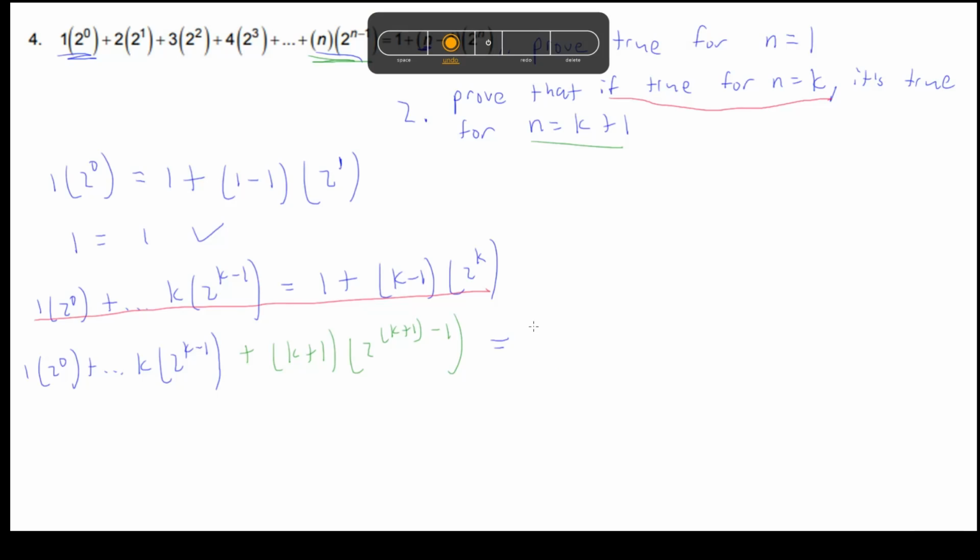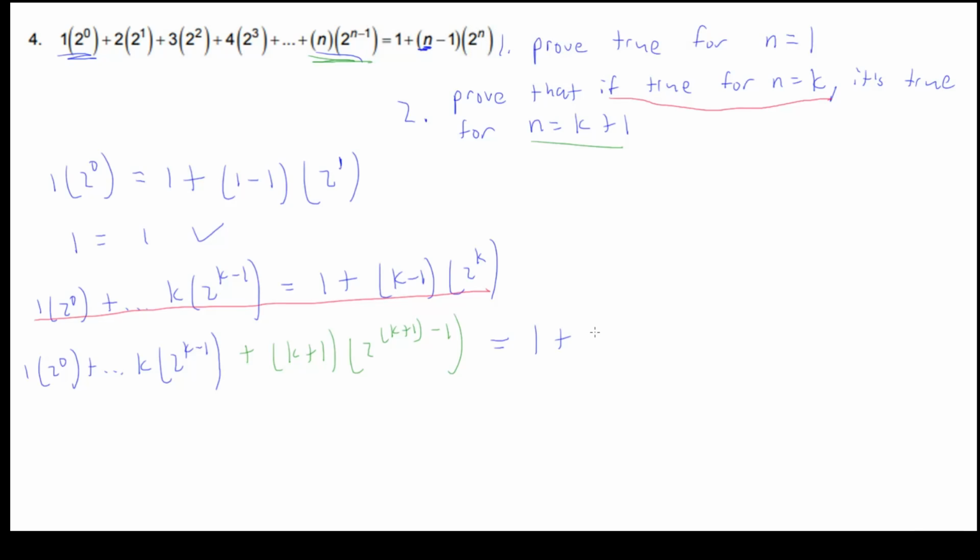Okay, so this is equal to 1 plus k minus 1 times 2 to the k plus k plus 1 times 2 to the k plus 1 minus 1.